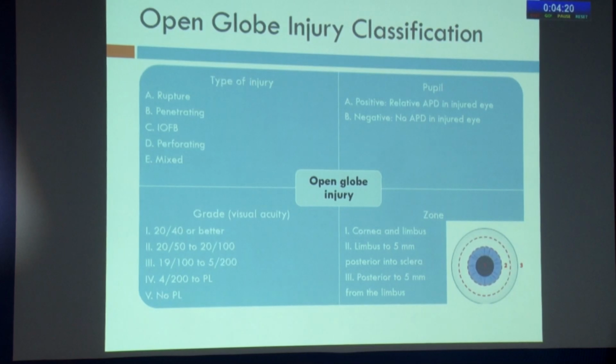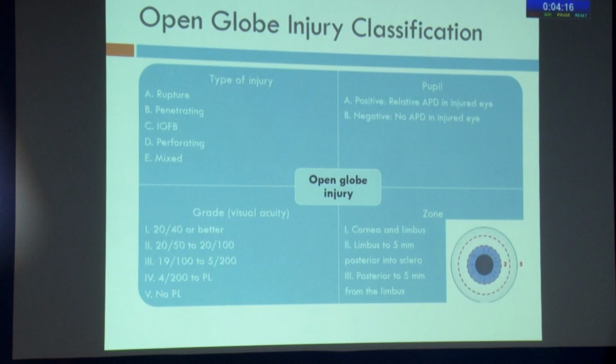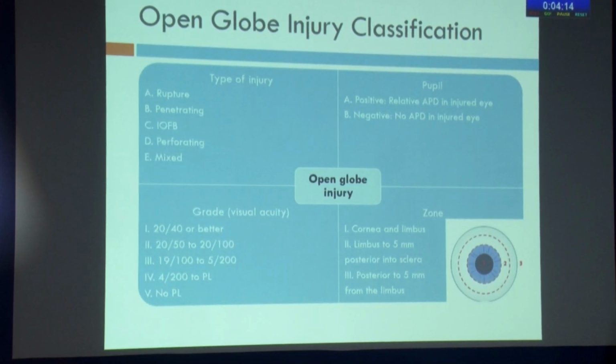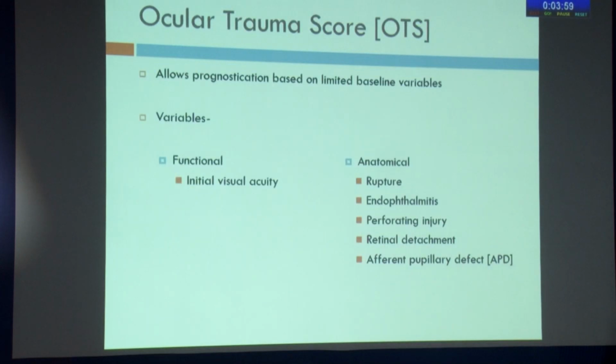This 5 millimeter figure is very important because after this the ora starts, and anything causing injury in zone 3 is likely to cause injury to the retinal structures. So zone 3 is posterior to 5 millimeters from the limbus. Then we again grade it as per visual acuity and whether the pupillary reaction, RAPD, is present or absent.